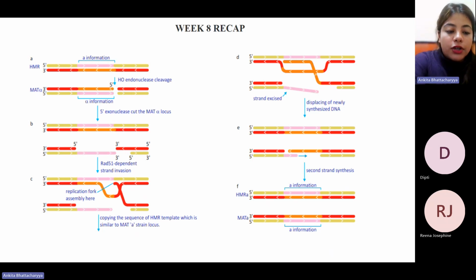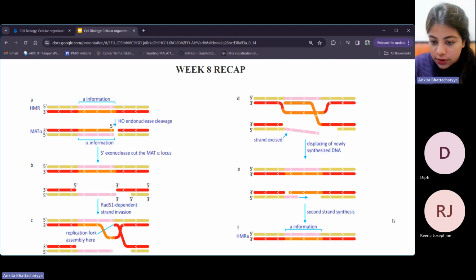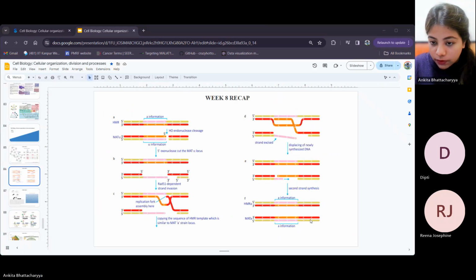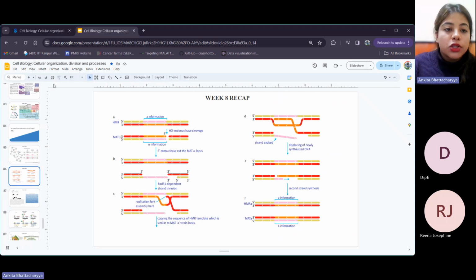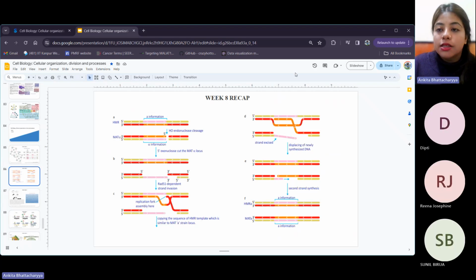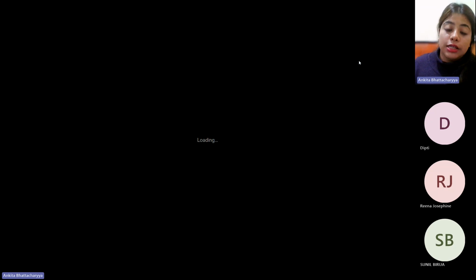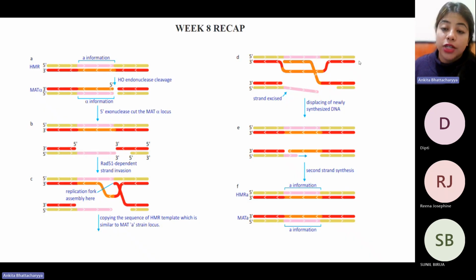Based on the stimulus present in the surrounding environment, yeast cells are capable of undergoing these changes, or mating type switch, from one genotype to another.